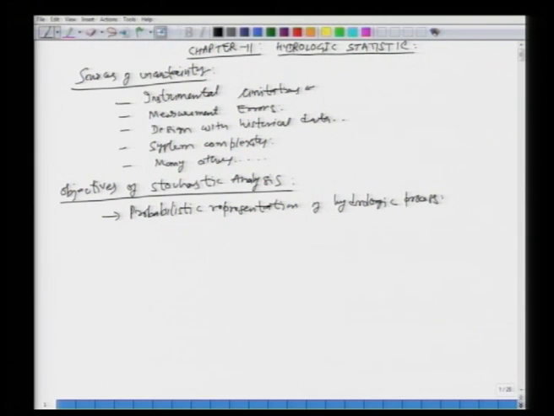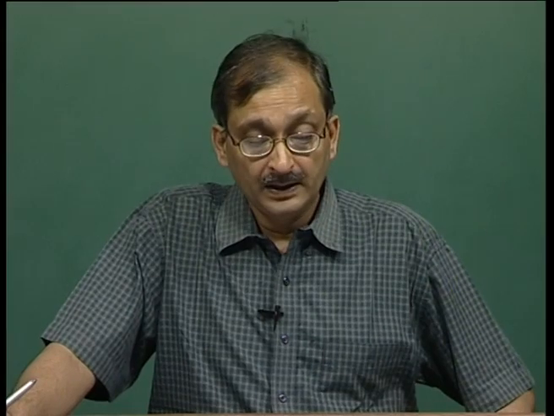For example, rainfall is a hydrologic process. It is not a deterministic system. There is a lot of complexity, there may be errors in the data and so on. So, what we do is we try to represent this process or any hydrological process using a probabilistic approach.